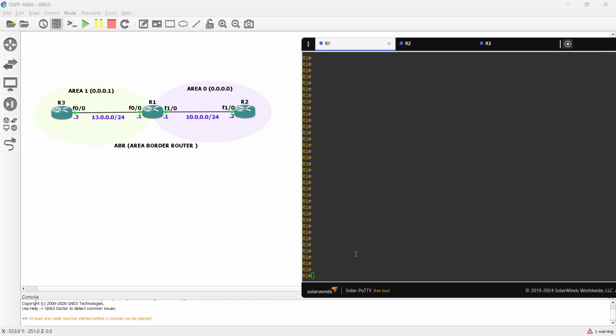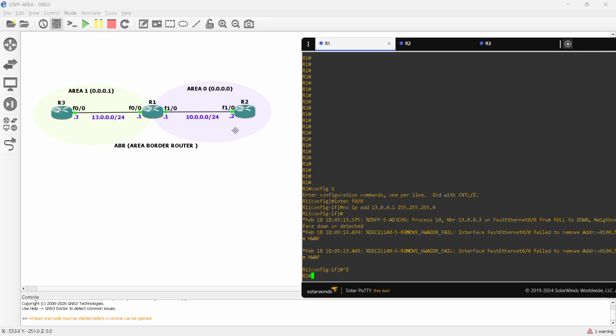We will go configure terminal, interface fast ethernet, and suppose we want 0/0. After that we will say no IP address, and the IP address you want to remove is 13.0.0.1. What is the subnet mask? This is the subnet mask.